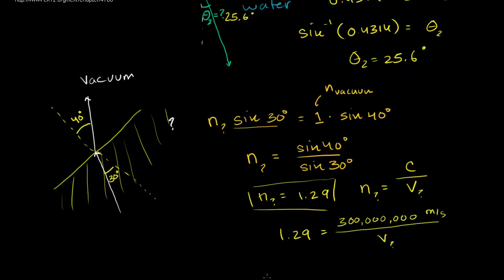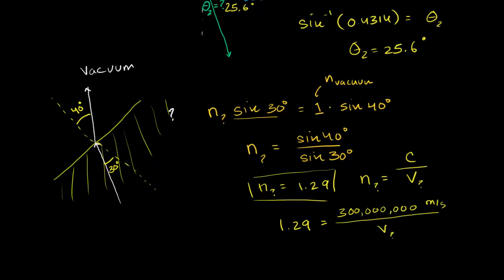I'll put a question mark. And so we can multiply both sides by this v, and I'll get 1.29 times v is going to be equal to 300 million meters per second.